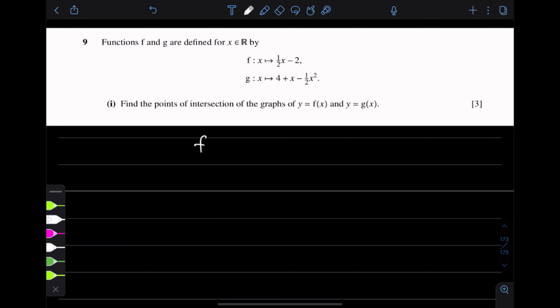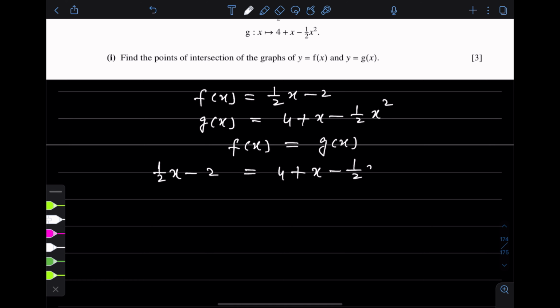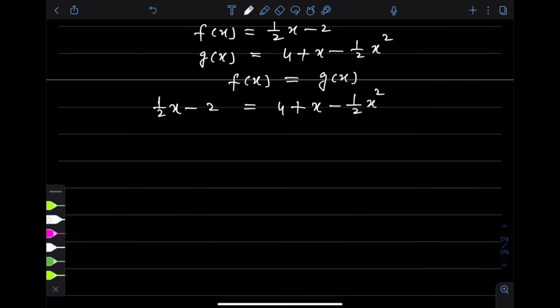f(x) is 1 over 2x minus 2 and g(x) is equal to 4 plus x minus 1 over 2x square. f(x) is equal to g(x) because we are solving simultaneously. So 1 over 2x minus 2 is equal to 4 plus x minus 1 over 2x square.